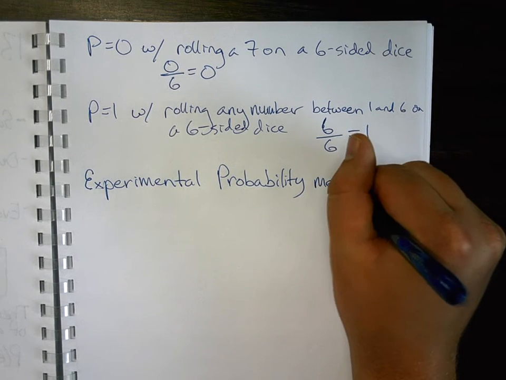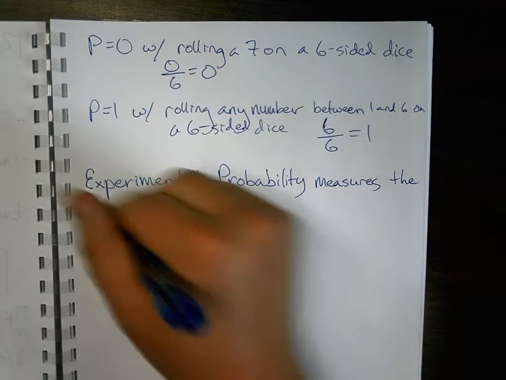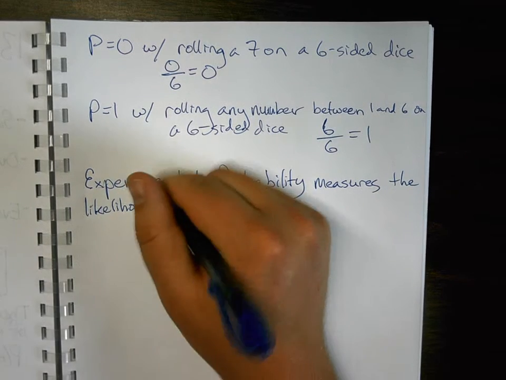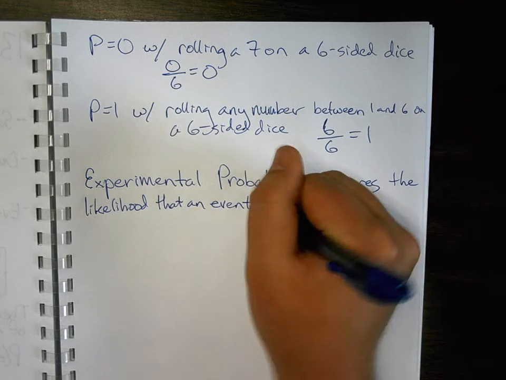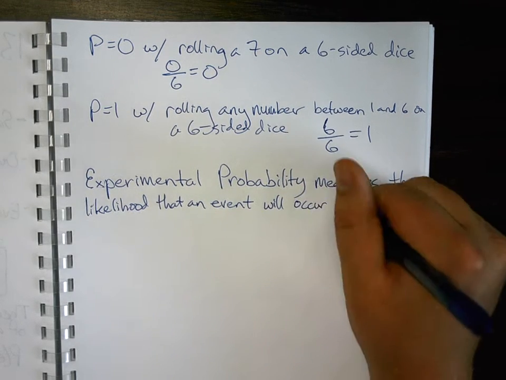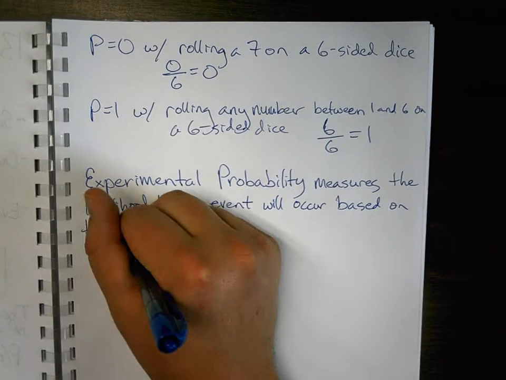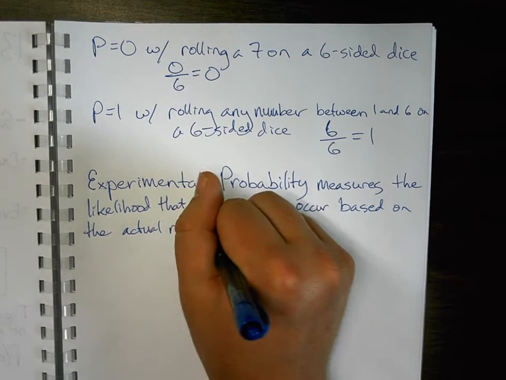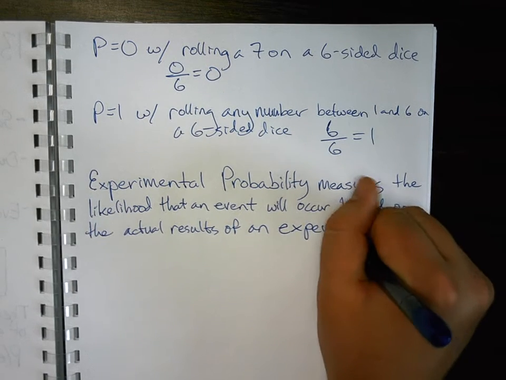And experimental probability measures the likelihood that an event will occur based on the actual results of an experiment.